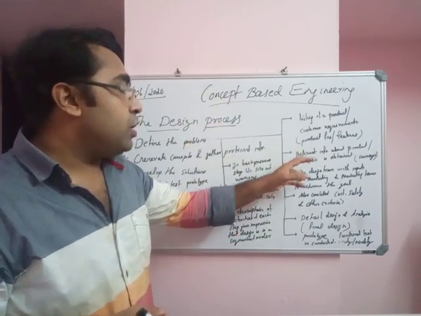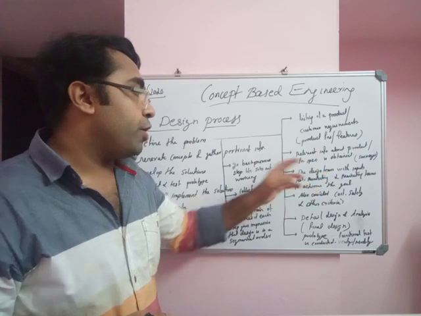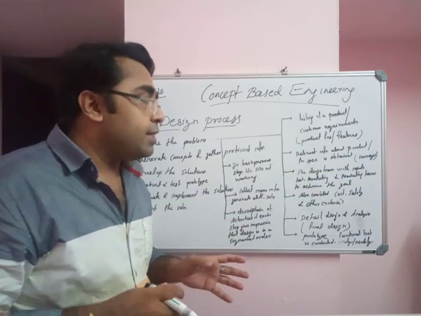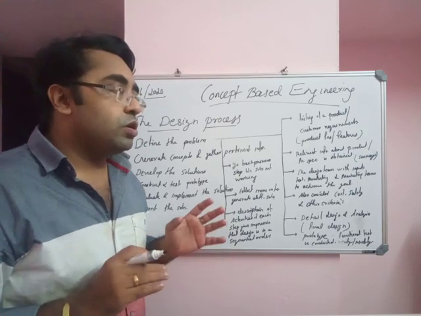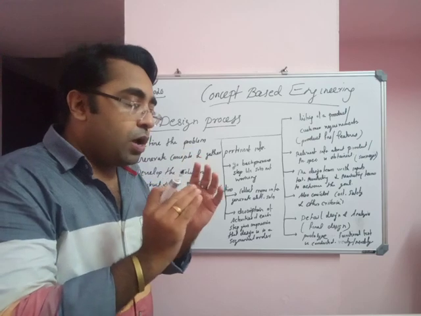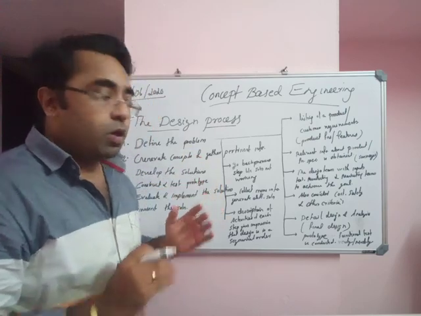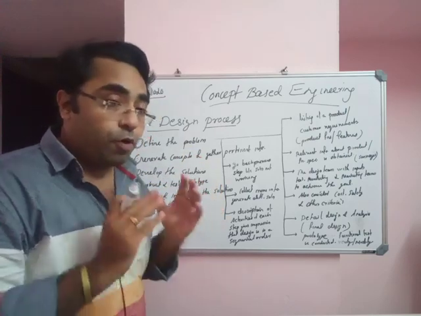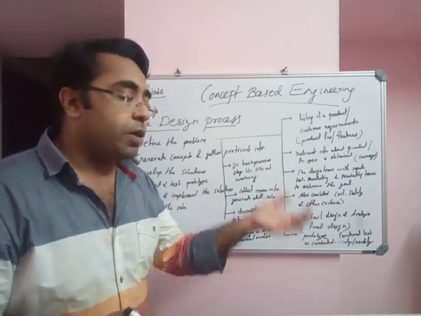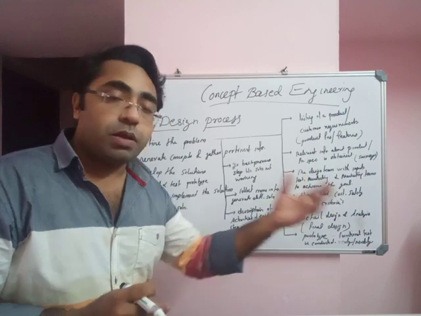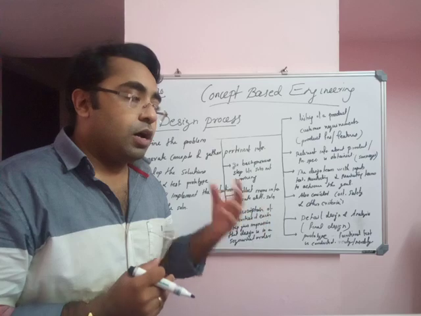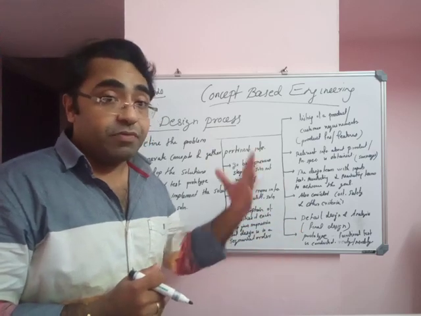Then the second one: relevant information about the product function and specification is obtained. We have to understand exactly what the problem is. What is the problem with the current product? Similar products will be available in the market, so what exactly are the problems with that product, or what does the customer say about the problem in the previous product?